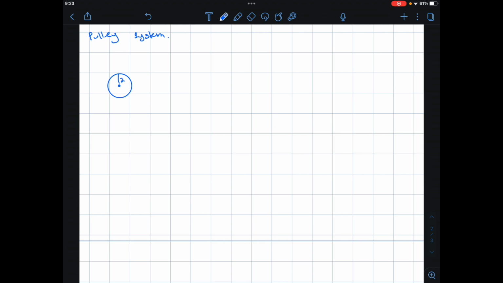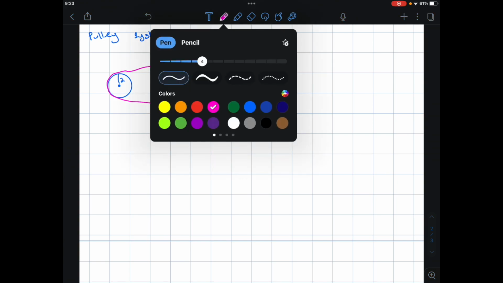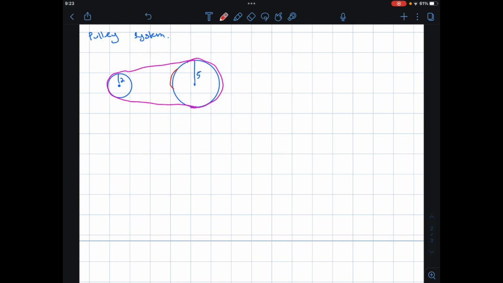And let's say we have another larger wheel. Let's say that this has a radius of 5. And let's say these two wheels are connected by some sort of belt. So around the wheels is some sort of belt, so that as one of these wheels rotates, let's say the larger wheel rotates, the belt that is touching the wheel will also be rotating.